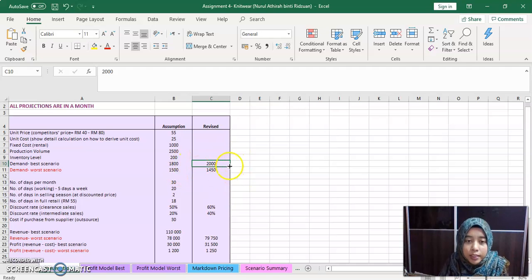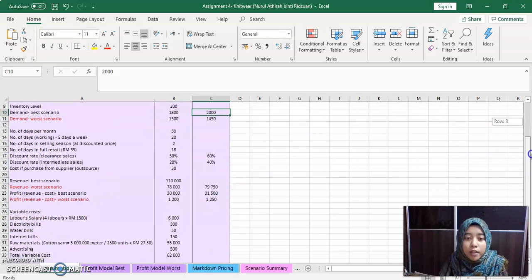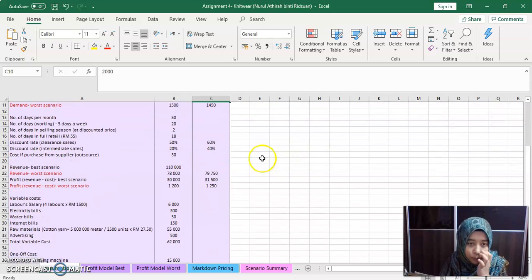I revised it because I want my target revenue and also profit to be 30,000. The nearest to 30,000 is 31,500, while for the 1,200, the nearest target is 1,250. For the revenue worst scenario, it is 78,000 to 79,750.